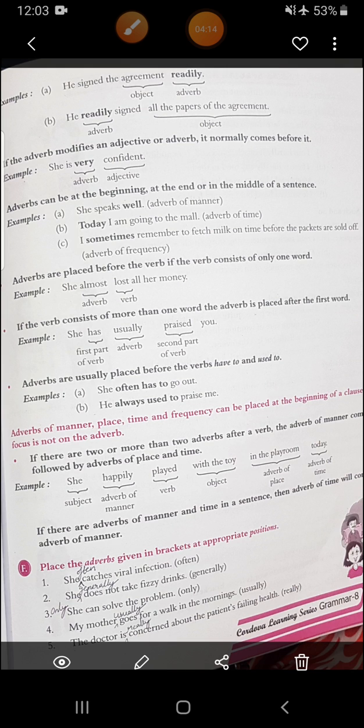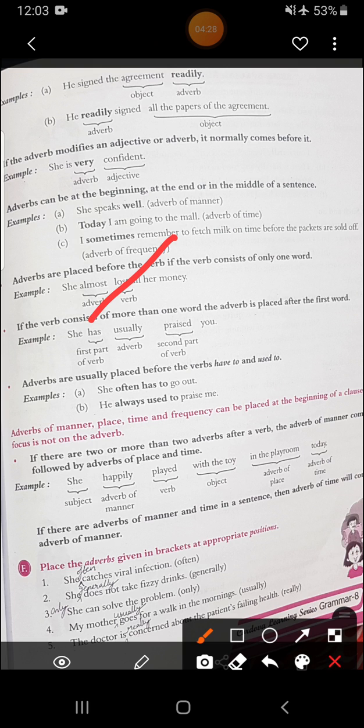If there are two verbs, then we are going to place it after the first verb. See this example. She has usually praised you. So here you can see has and praised, both are verbs. So we are going to place the adverb after the first verb, meaning after has. She has usually praised you.